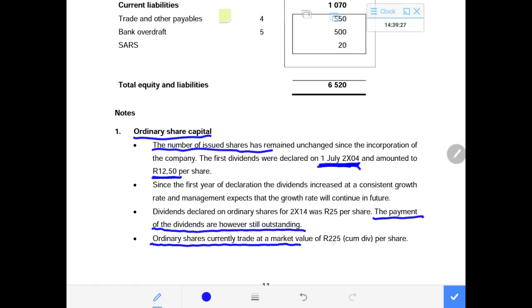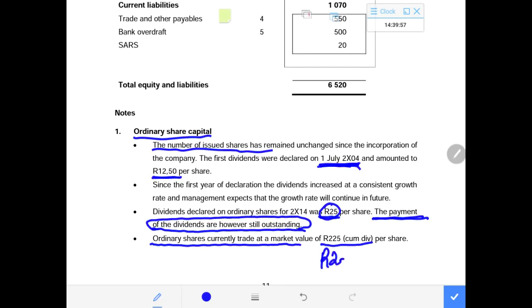Then it says ordinary shares currently trade at a market value of 225 cumulative. Take note, this is a very important part, which links with the previous information. We had dividends that were declared and the payment of these dividends is however still outstanding, meaning whatever was owing in the year 2014 must have been added to that 200.